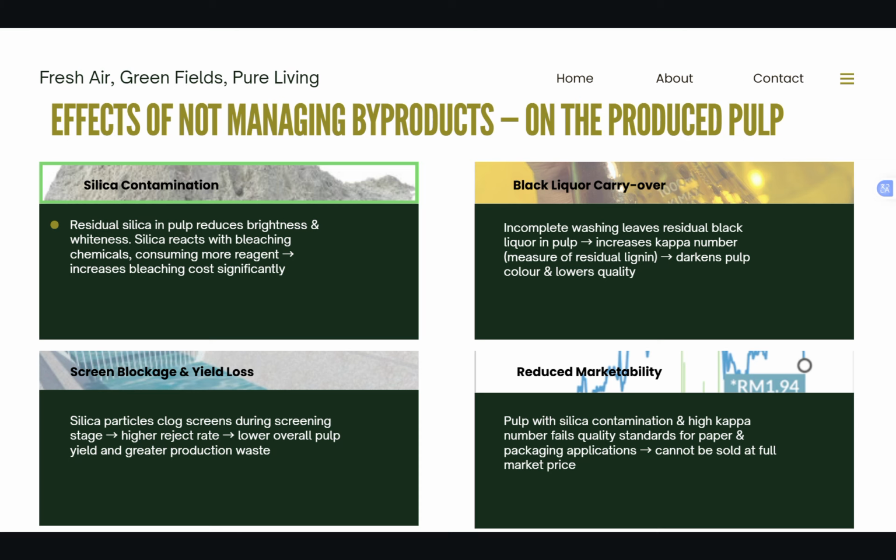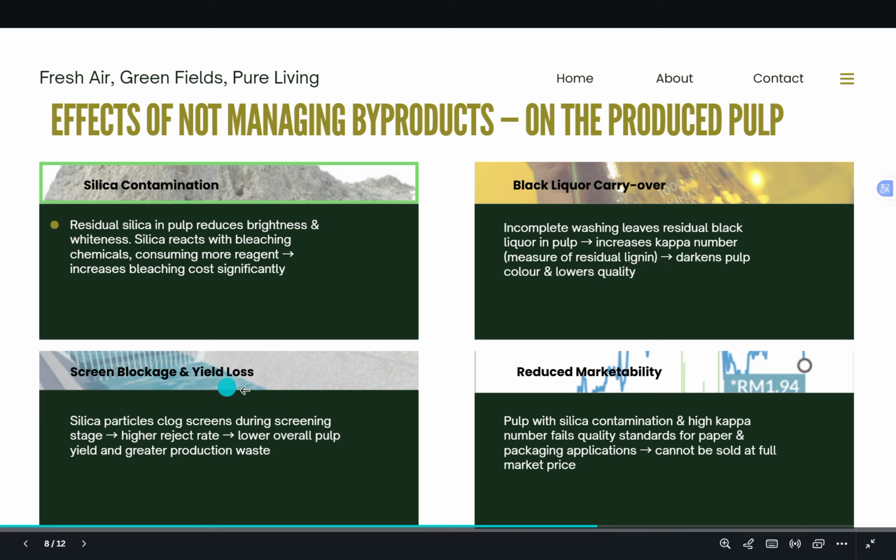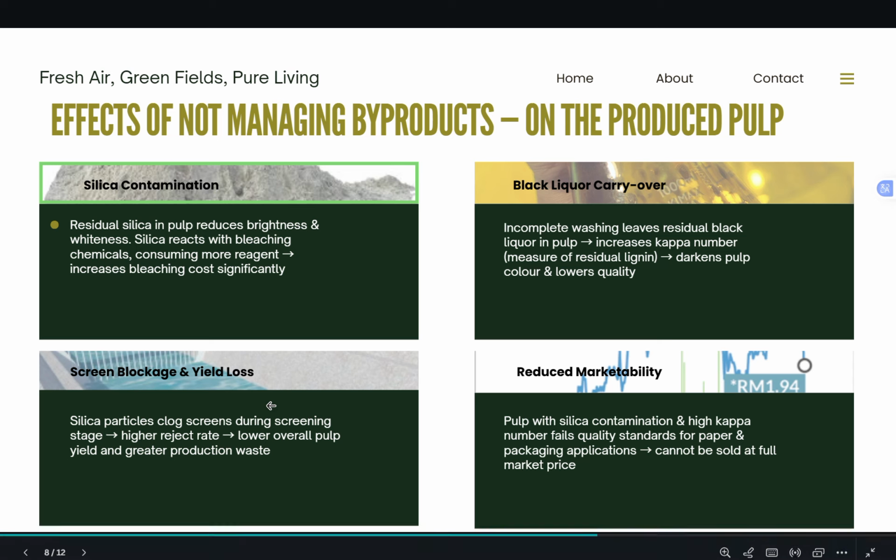Residual black liquor can darken the pulp, which lowers the quality and darkens the color of the pulp. And screen blockages reduce production efficiency, which causes a lot of production waste. All of this causes the pulp to have reduced marketability. As a result, the pulp may not meet market standards.